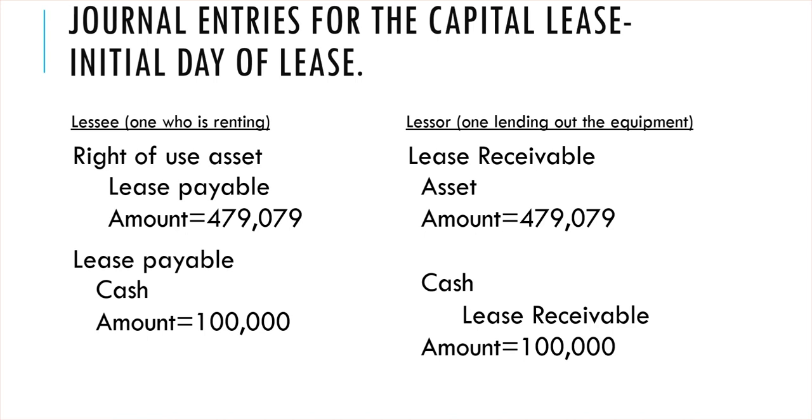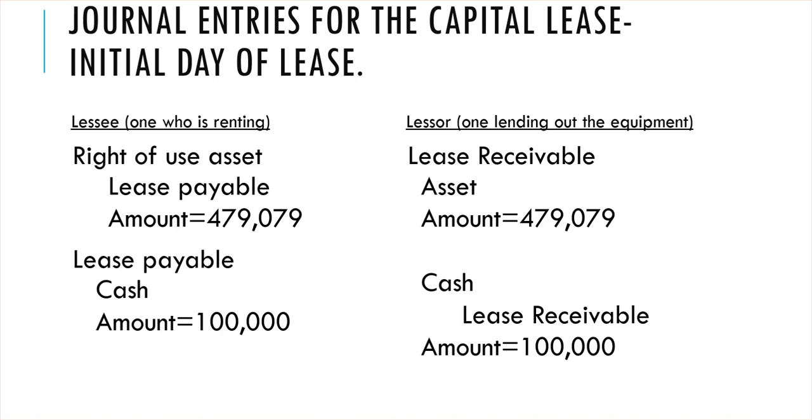What I want you to see here is that these things are really mirrors of each other: receivables and payables, cash coming in, cash going out, an asset being removed, a right of use asset going on the books. Can you see how they are mirroring each other? One is the standing of the one who is renting, the lessee.